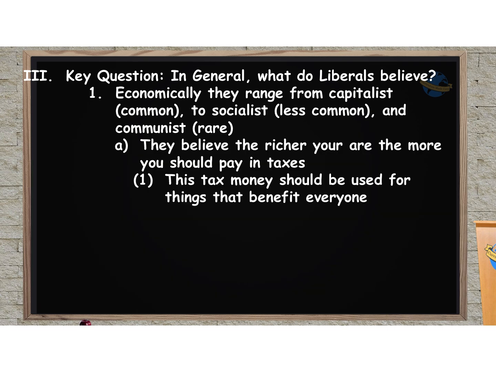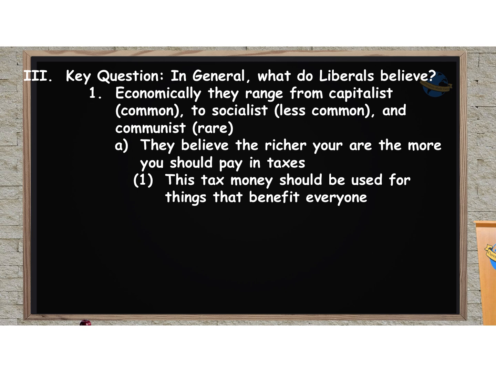In general, liberals believe the richer you are, the more you should pay in taxes, and that money should be used for the things that benefit everyone. The idea here is that if you got rich in America, it's because you benefited from the resources we collectively paid for: the roads, the postal system, the public education system for your workforce. And since you make more money because of that, you can afford to chip in more.